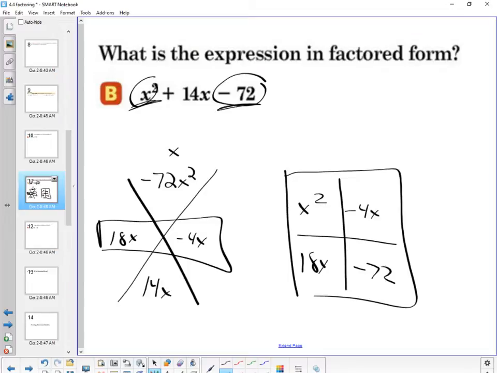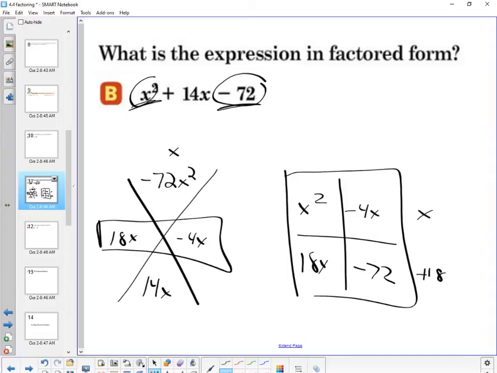So at this point, what you want to do is factor out common factors. And you're going to go up and you're going to go across. So I like to go this way. And if you want to go down as well too, that's cool. It doesn't matter. What do these two guys have in common that we can factor out? They have an x. What do these guys have in common? 18, right? So there's a positive 18. Now, if you guys want to factor up or down, it doesn't matter.